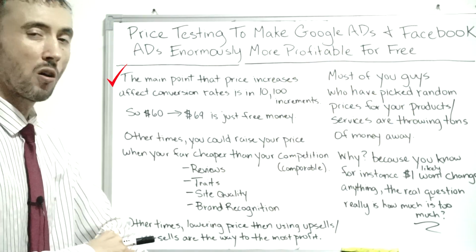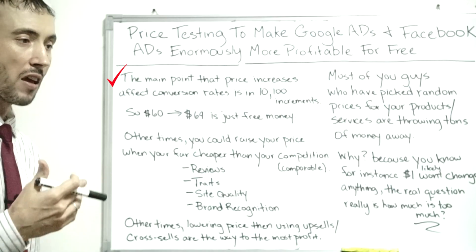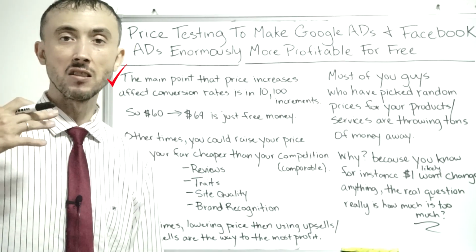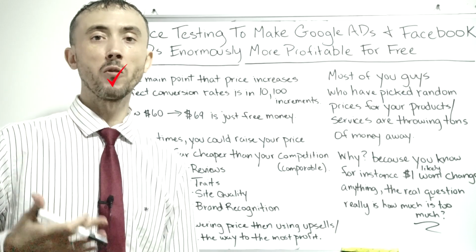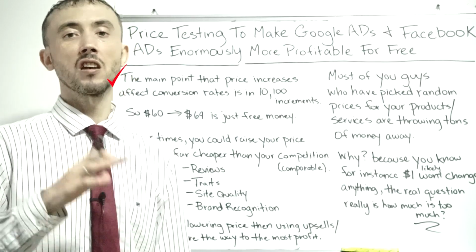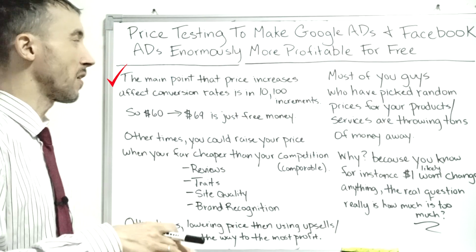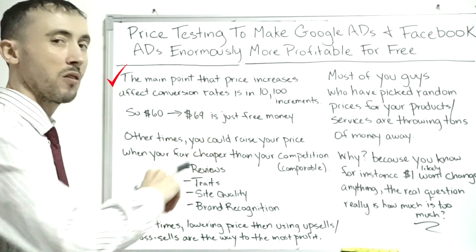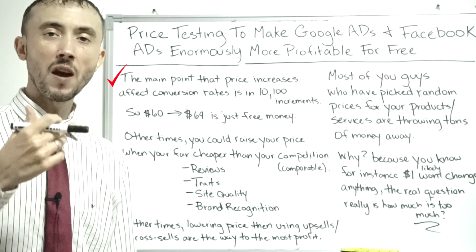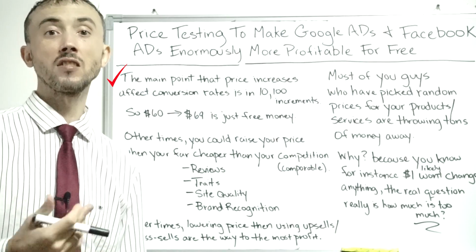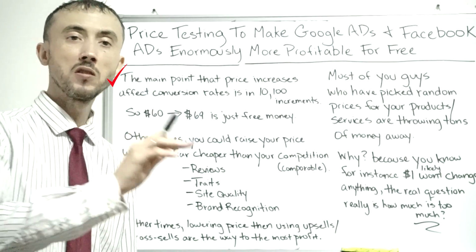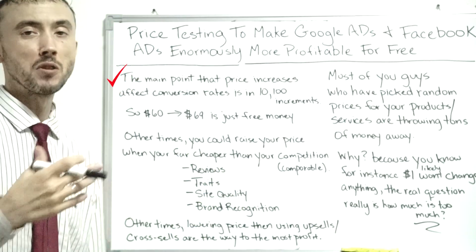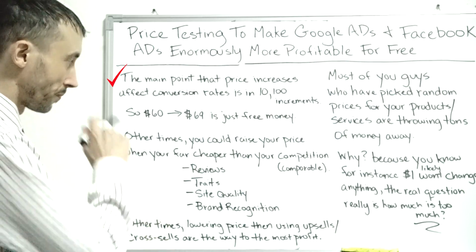So just know going in that if you are serious, you're going to take my advice and do price testing to see where the cutoff point is where raising my prices is going to cut into the conversion rates on my traffic that I'm paying for. Just know going to the next 10-digit factor or 100-digit factor or 1,000-digit factor is where most of the drop-off in your conversion rates is going to happen. And everything in between there is basically free money.